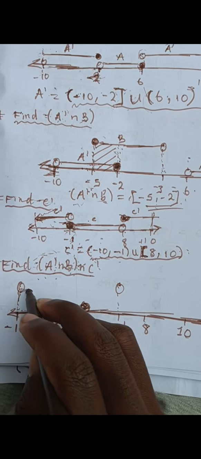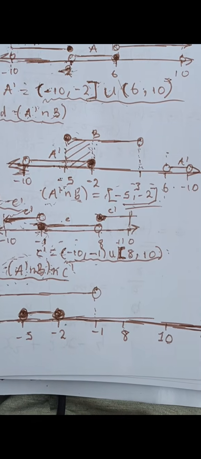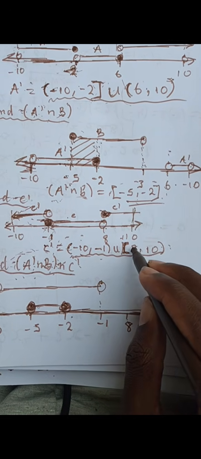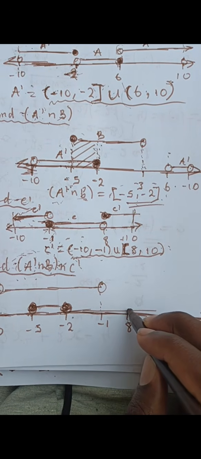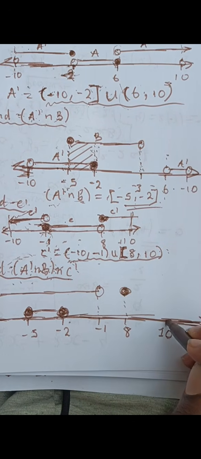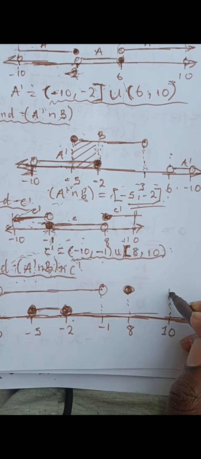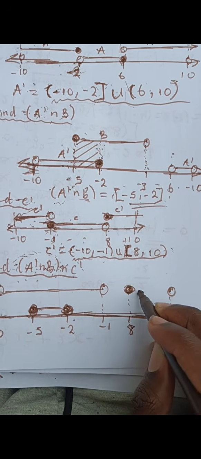Then we join them, so this will just be like this. Then also let's show this one as well. We shade the bubble. 10 won't be shaded because the symbol that is used, this one, is not allowing us to do that.